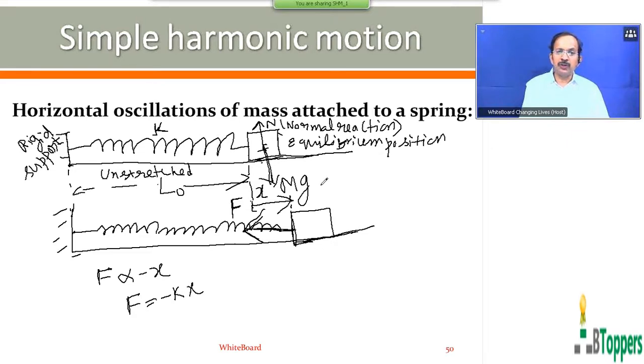So when the block is pulled towards the right from the equilibrium position and released, then at the instant when the block is at distance x from the equilibrium position, the resultant force on the block is the same as the elastic force exerted by the spring, because in the vertical direction the weight mg of the block is balanced by the normal reaction force.